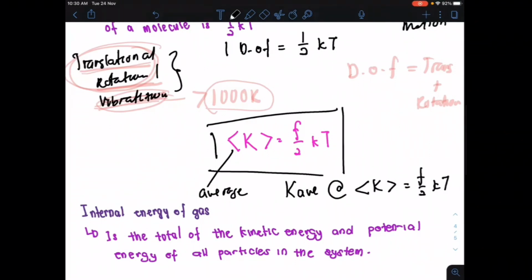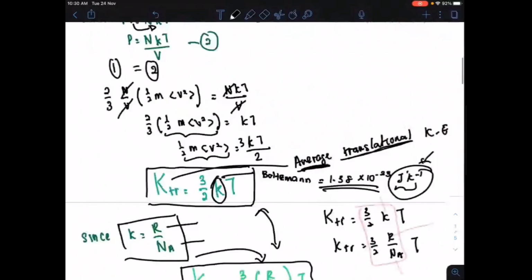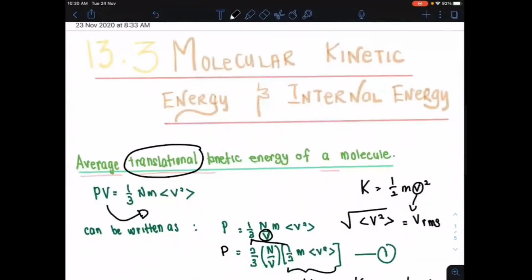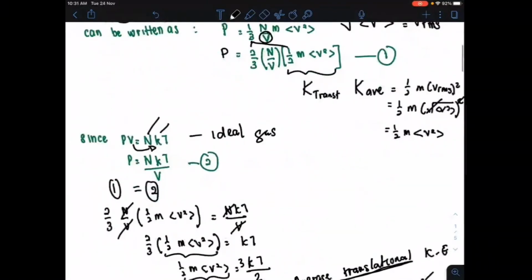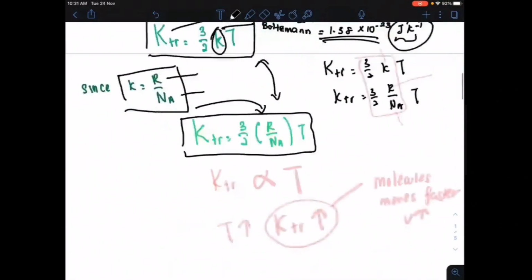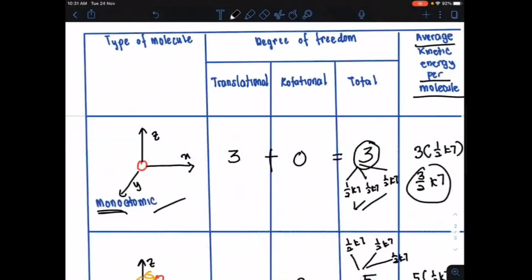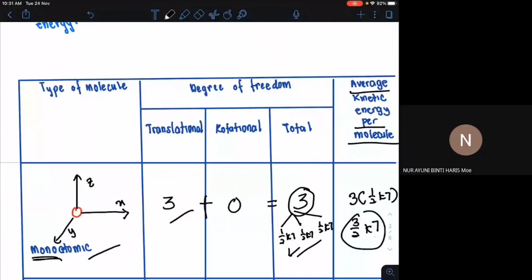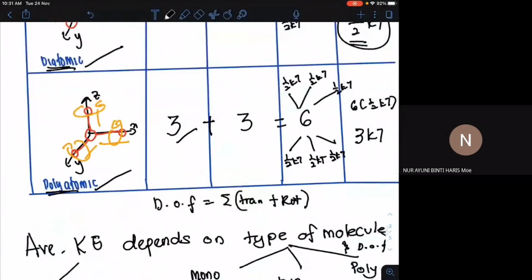So setakat ni kita dah belajar dua jenis kinetic energy. Yang pertama adalah average translational kinetic energy of a molecule, iaitu kinetic energy hanya along translational motion sahaja. Semua molekul kamu tak kira lah dia mono, di, translational tetap 3.